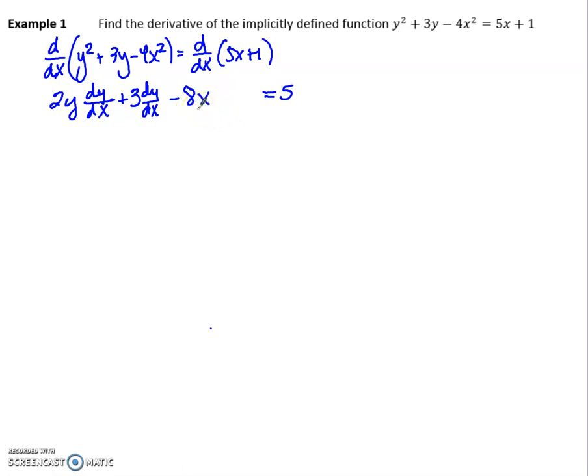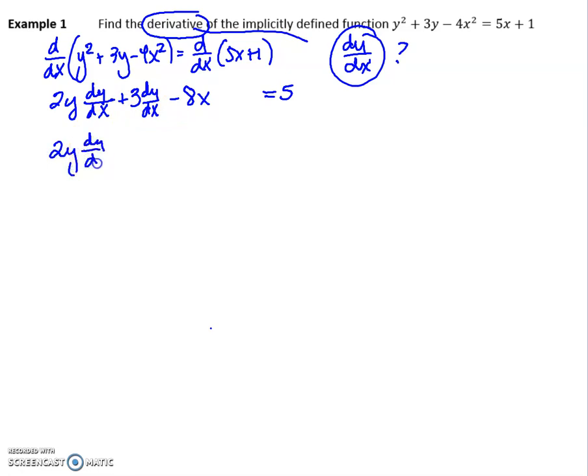Okay, so then if I want the derivative, though, if you'll remember, the derivative is defined as slope, so I do need to solve for this. So I'm going to take every term that does not have a dy dx attached to it to the other side, and I'm going to leave any term that does on the left. So this is going to become 8x plus 5, or 5 plus 8x, however you want to write it.